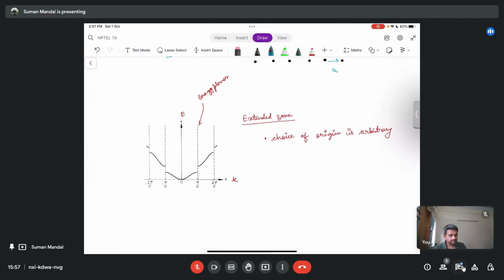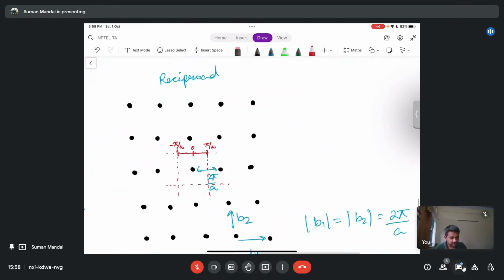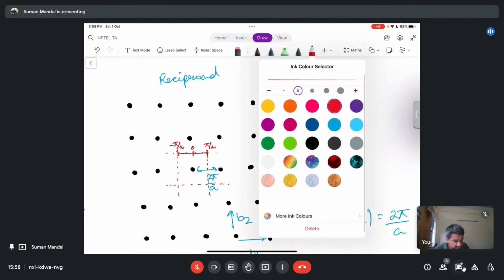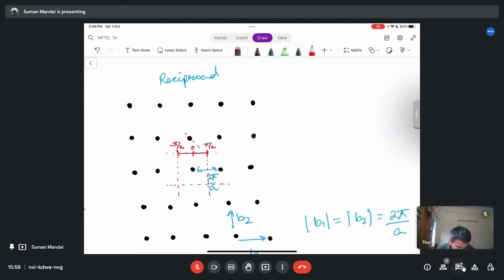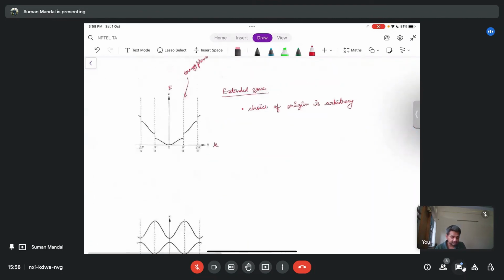So that is where we have this pi by a in the x-axis and 2 pi by a, multiples of pi by a in the x-axis. So if this is pi by a, this is 2 pi by a, and so on and so forth. That's why we have 2 pi by a, 3 pi by a, these kinds of values.